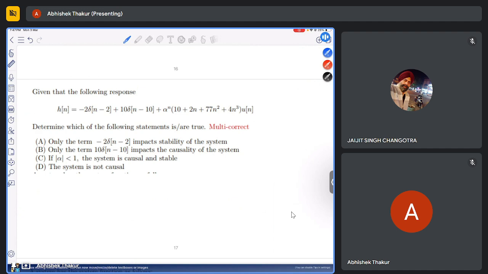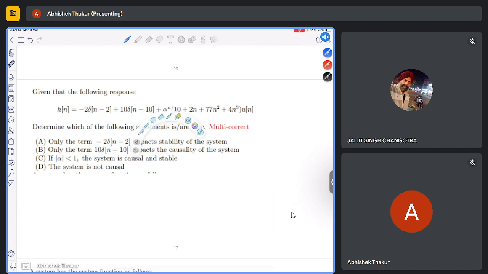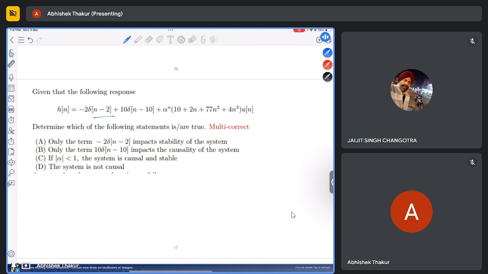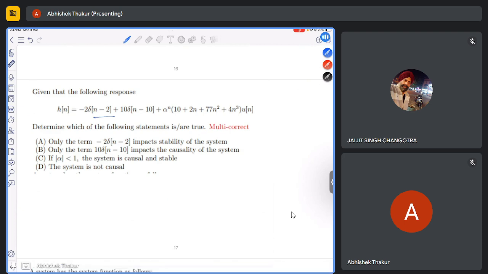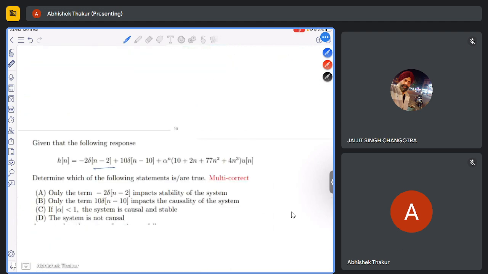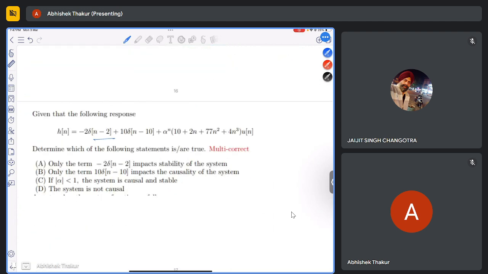So, given the following response, h[n] is equal to, this is the response of h[n]. Determine which of the statements are true.